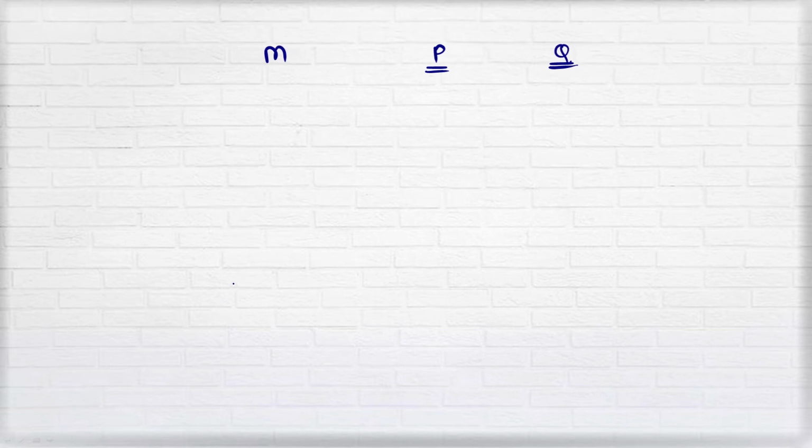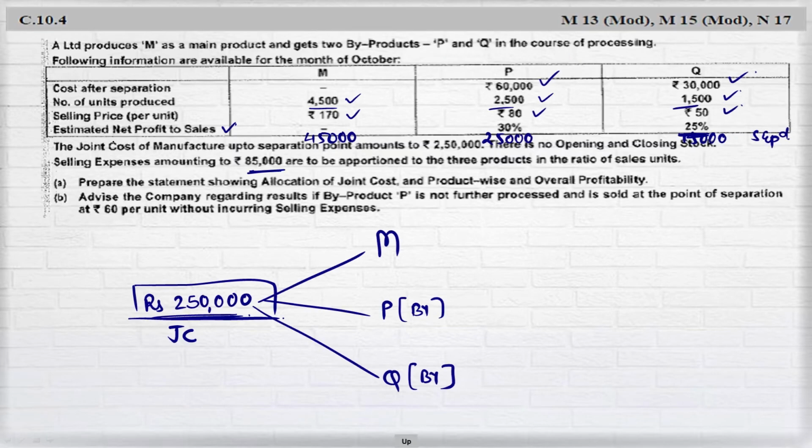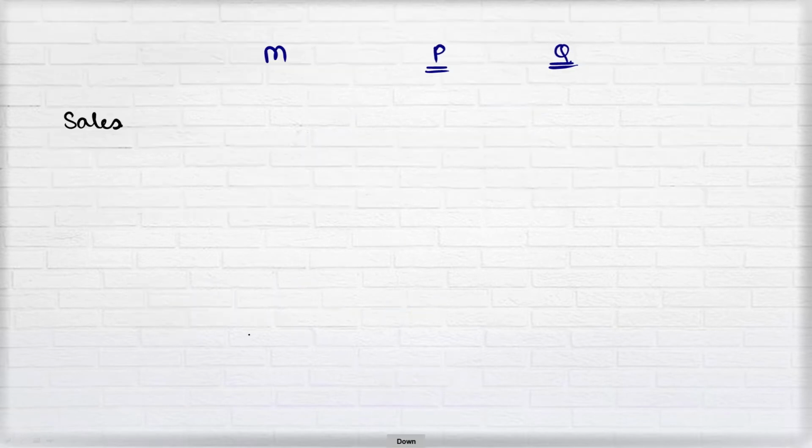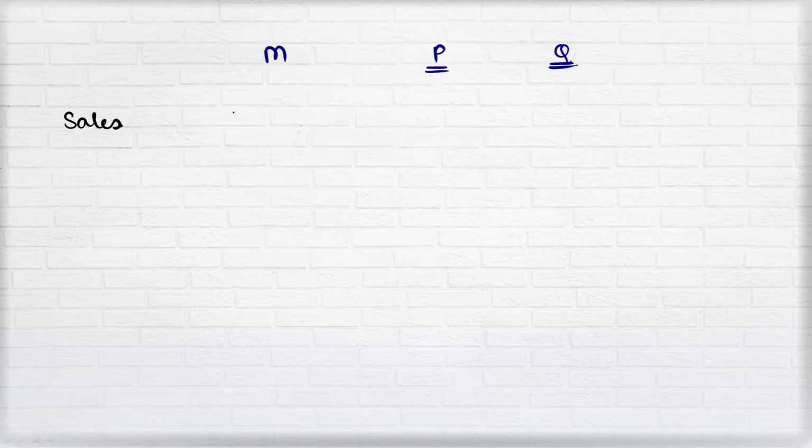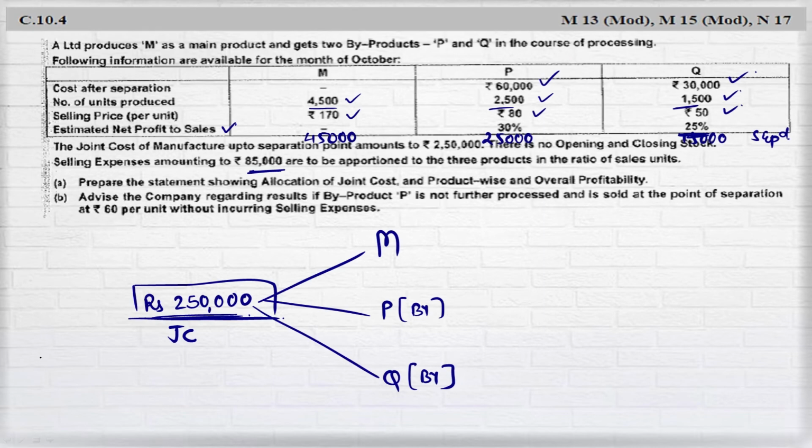I am doing M first. What can be the sales of M? 4,500 into 170, 7,65,000. What is your basic objective of manufacturing? Is it product M?